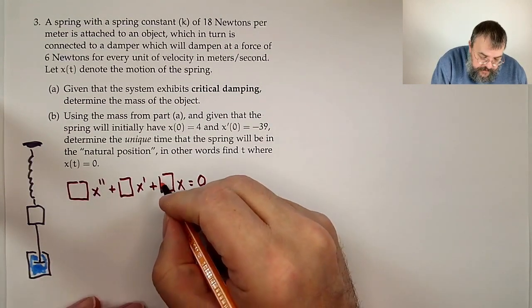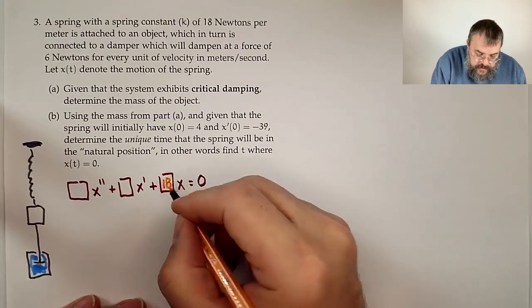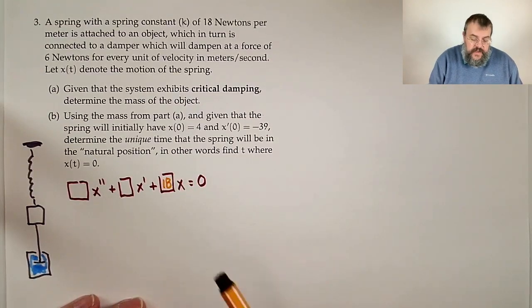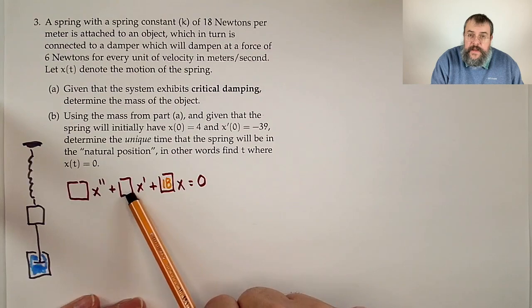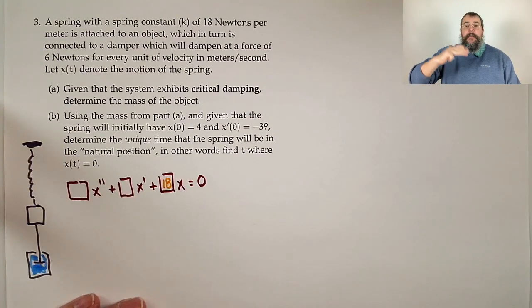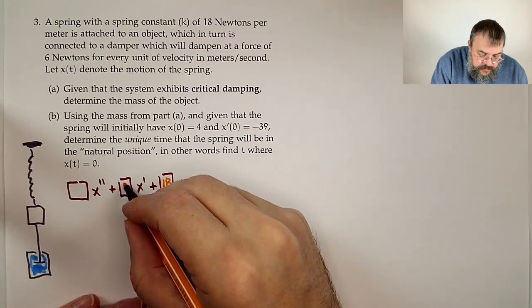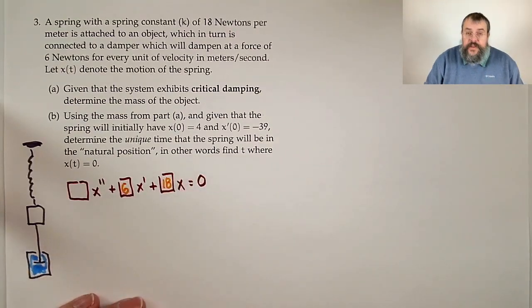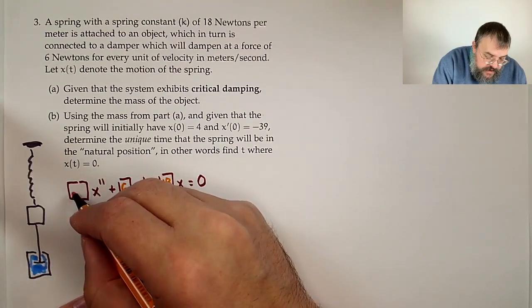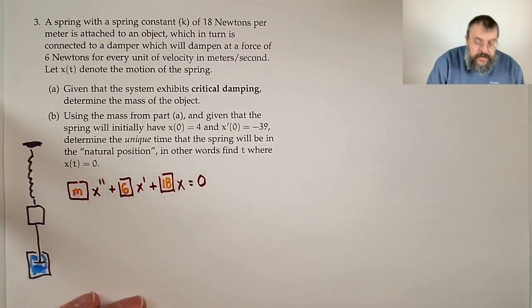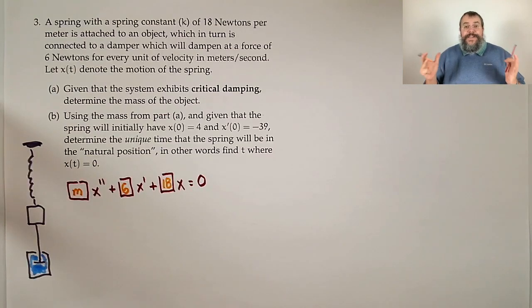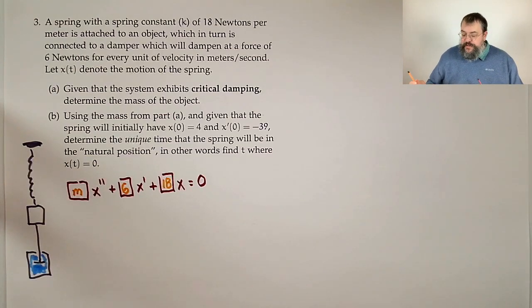So, great, 18. No problem. The damping goes with x prime, because damping is related to how fast the object is moving, so it should be attached to velocity. So that's 6. And the mass, well, if we knew it, it would be right there. So that's the differential equation for this particular spring system.